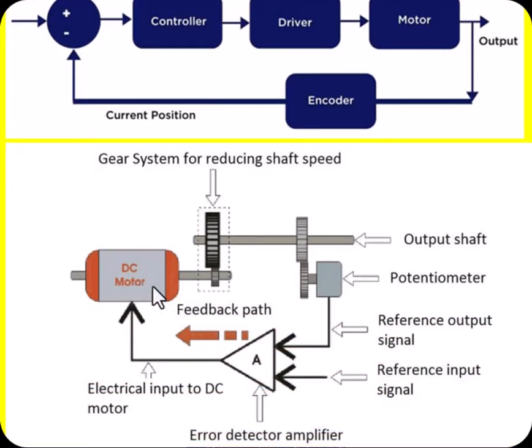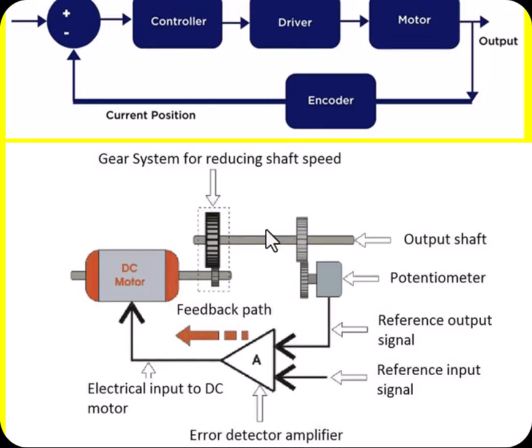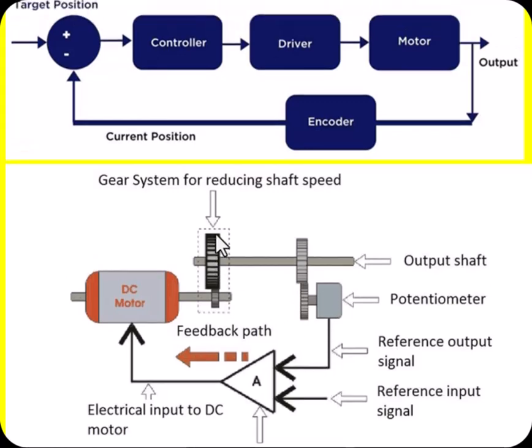Next, there is another diagram which is used to explain this servo motor. This is the DC motor whose shaft position is to be controlled. This is a gear system, and this is used for reducing the shaft speed.